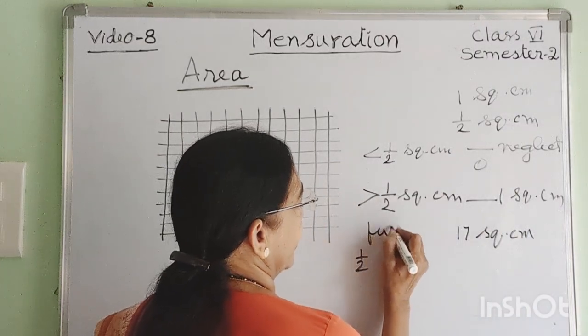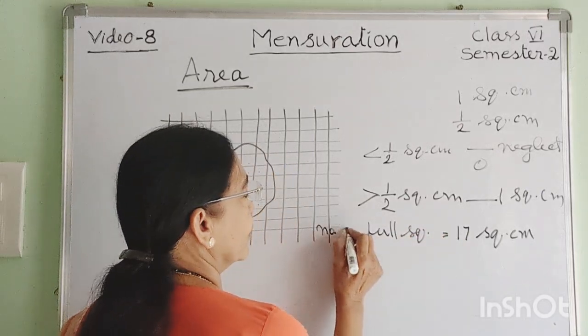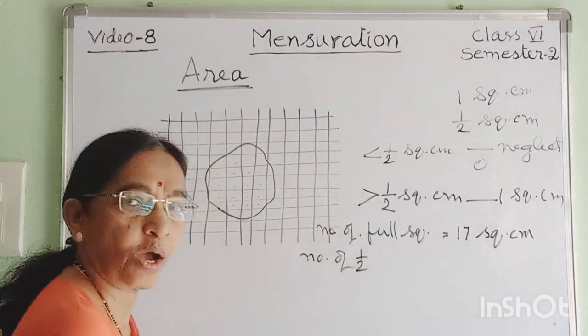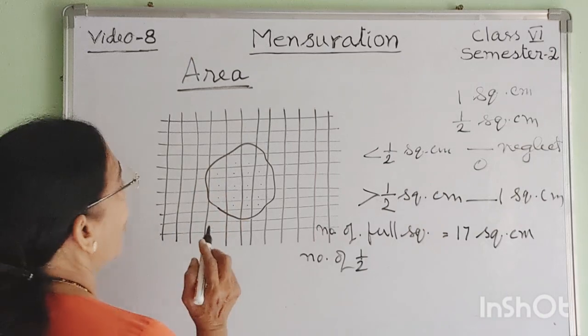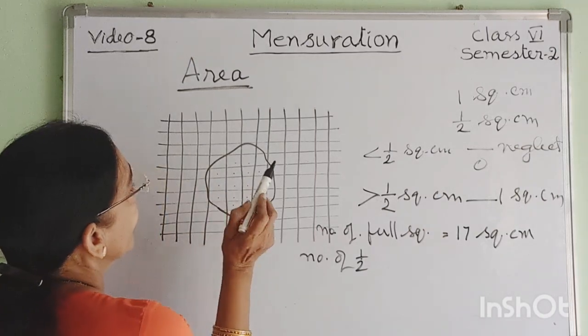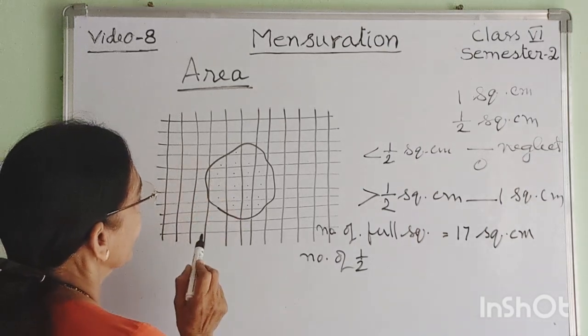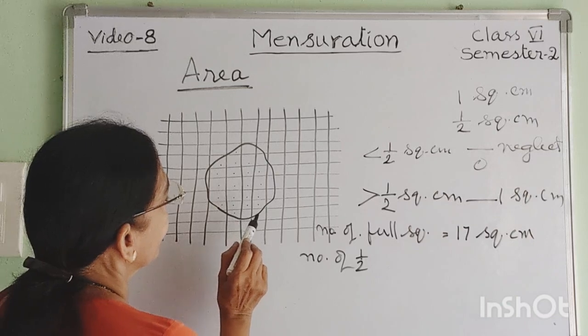Number of full squares, and number of half squares. The closed figure occupies some squares that are exactly half. This is exactly half, this is also half, and this is half, this is half.